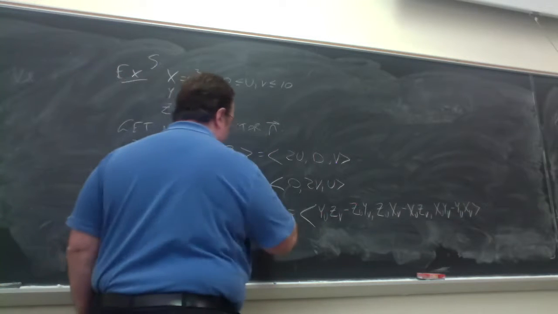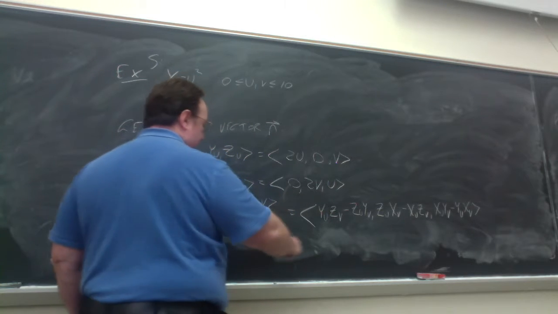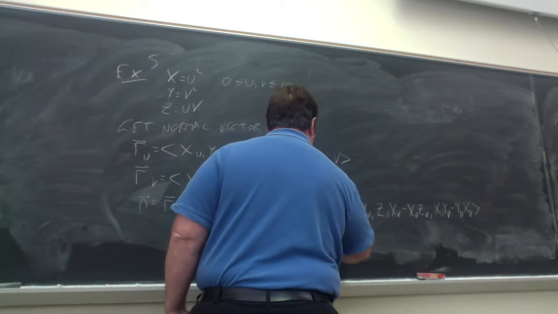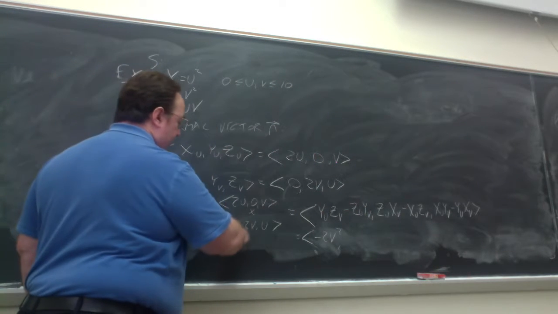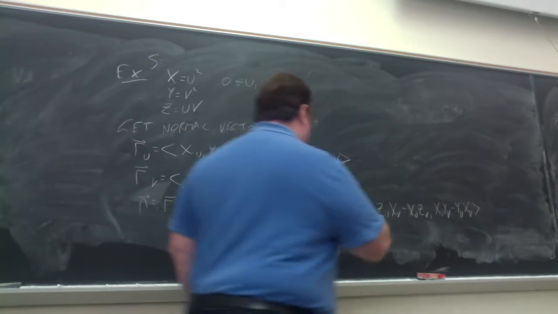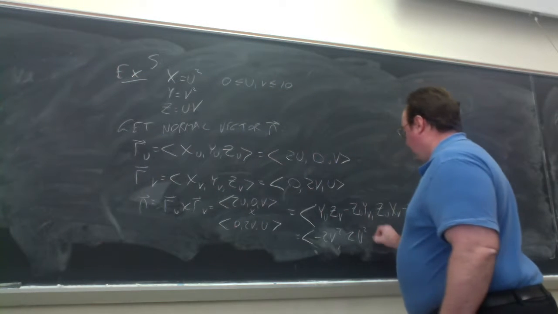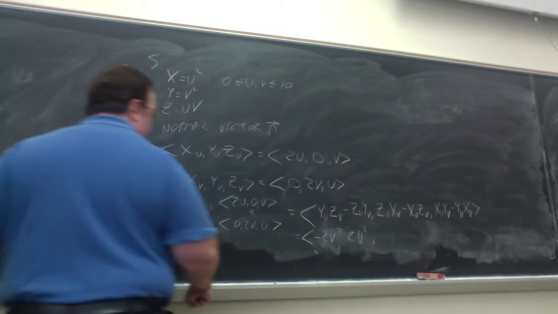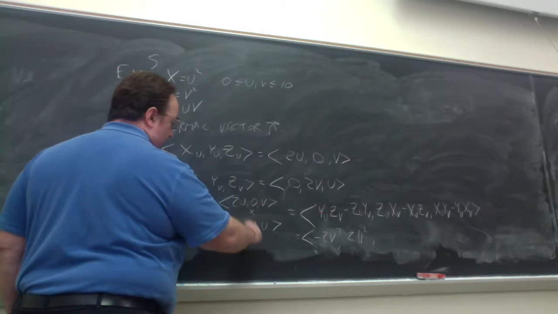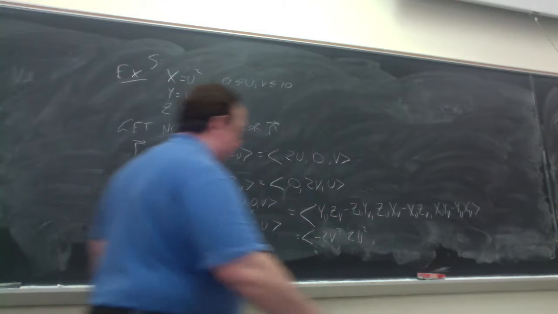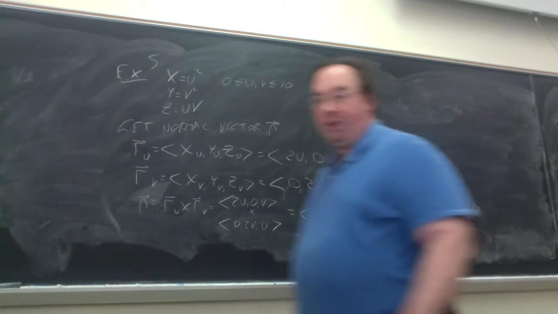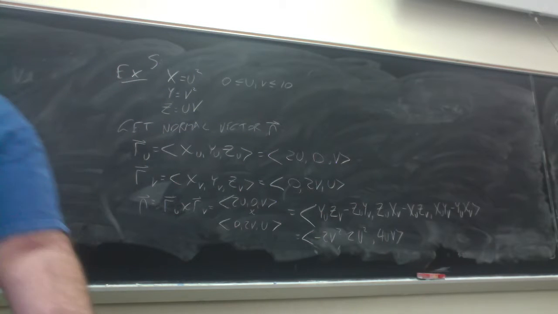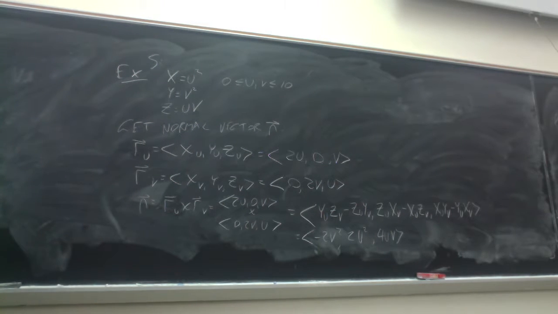So first time around, we're going to have 0 and then minus 2v squared for the first component. Then we have 0 and then 2u squared for the second component. And for the third component, we're going to get 4uv minus 0. So at any particular point on the surface identified by parameters u and v, that would be the normal vector.